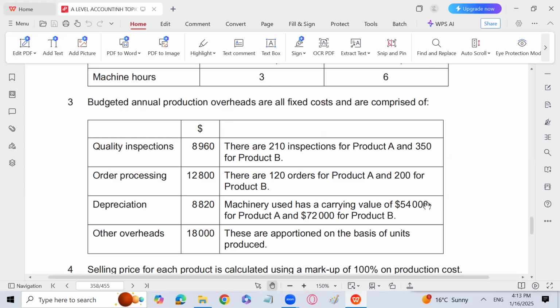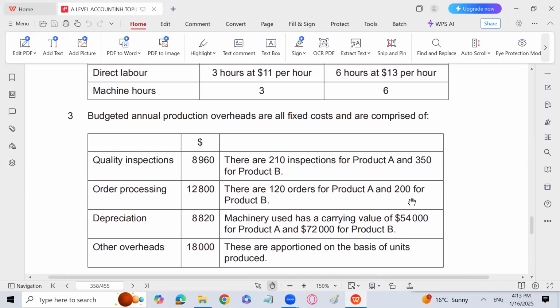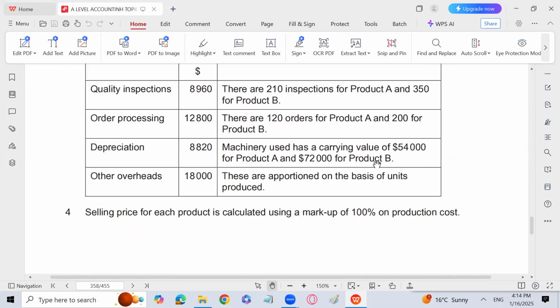Can depreciation be apportioned any other way? Depreciation is apportioned through the carrying value of machinery, but it can also be apportioned through machine hours, if it is given in the question or the examiner asks us to apportion the depreciation through machine hours.